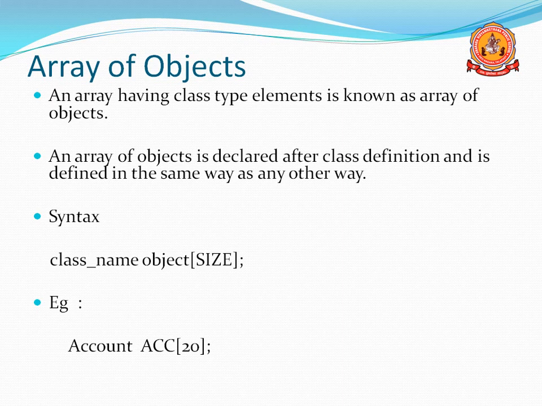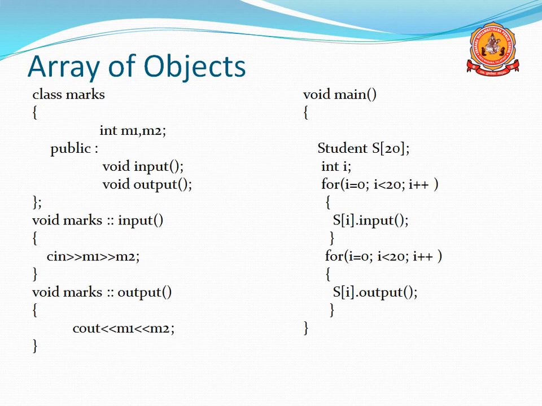So here is the syntax: class name, space, object, and we can declare it as an array with the size. Example is account acc of 20. In the last session I gave the example, account is a class, acc is the object. In that, account acc I declared as 20. acc of 20 is an object of array type.